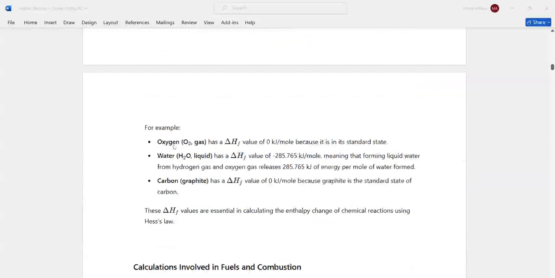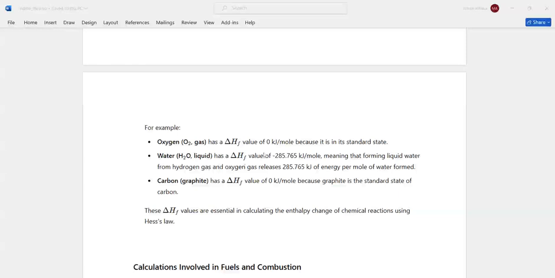So we are saying that oxygen as a gas in the form of a molecule has a value of 0 kilojoules per mole because it is in its standard state. Oxygen in its standard form exists as an oxygen molecule, at a temperature of 25 degrees Celsius and a pressure of 1 atmosphere.